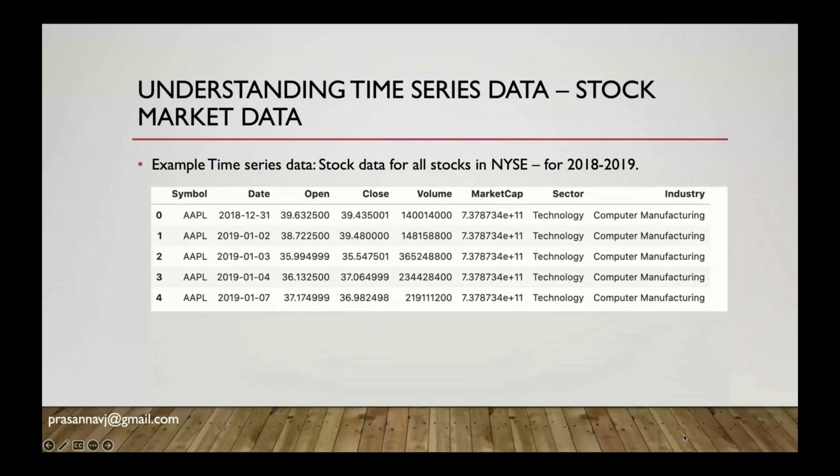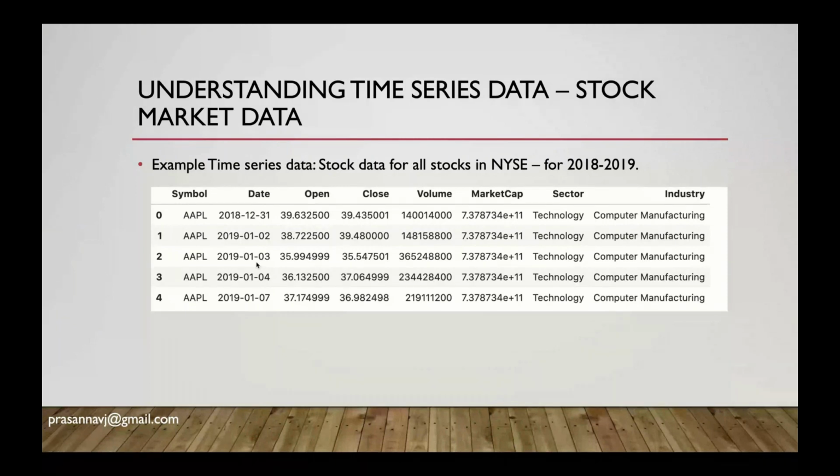Now there are different columns, and the different columns represent some information. The symbol represents Apple. There could be Google, there could be Microsoft, and each will have its own symbol. The date is continuous data, where each working day of the New York Stock Exchange is mentioned.